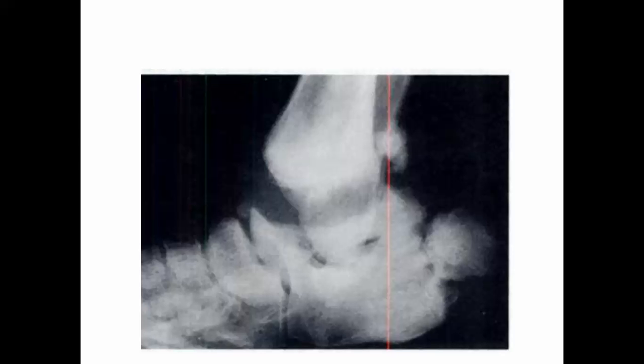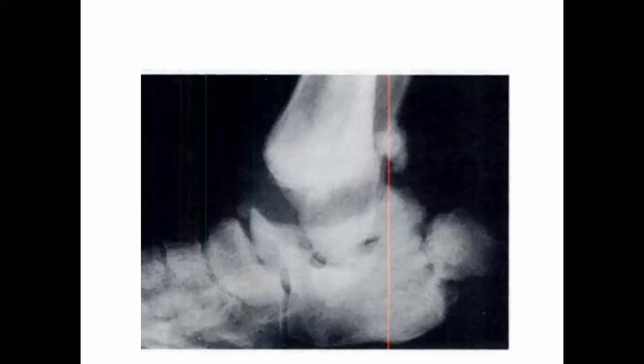Here, this one has the punched out erosions of gouty arthritis, and this is a spur formation of degenerative calcaneum.